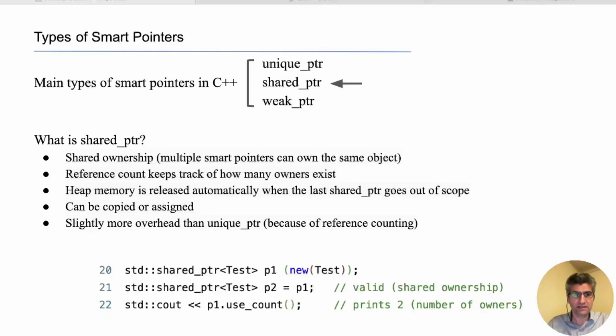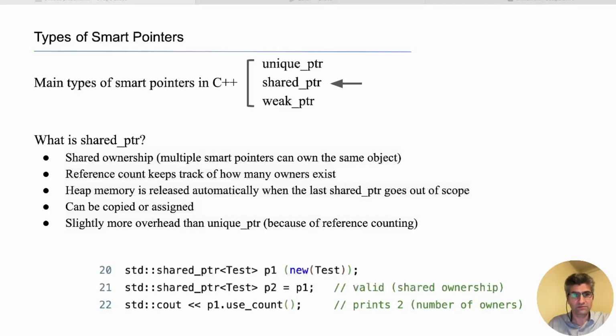This means we can safely share ownership across functions, classes, or different parts of the program without worrying about who deletes the object. For example, here I copied p1 into p2. Now both p1 and p2 share the same object, and the reference count is 2.